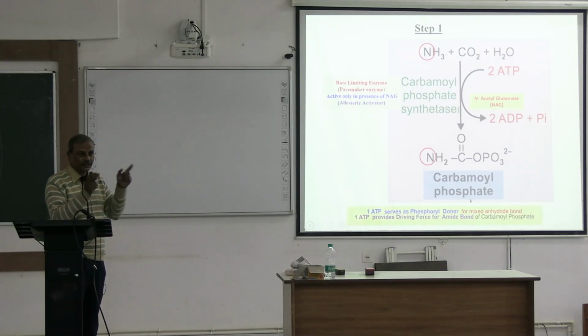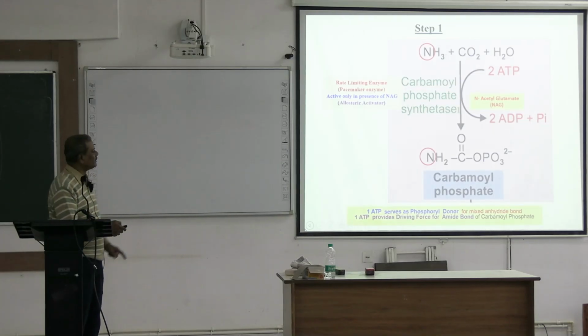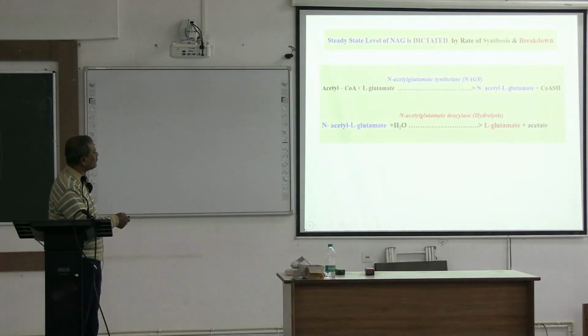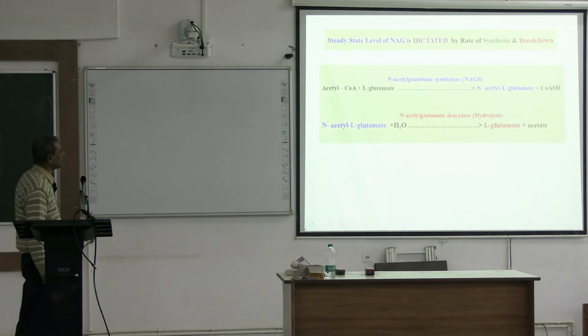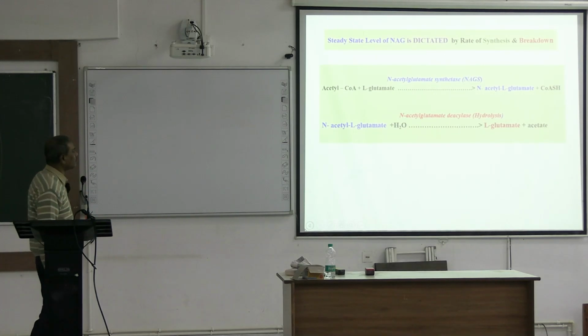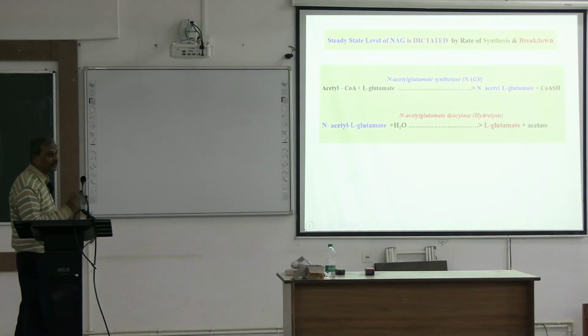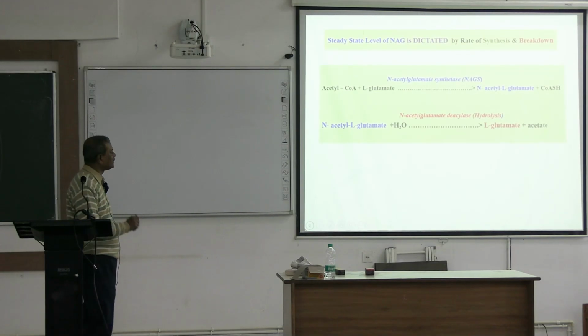That means breakdown and synthesis remain the same as per the need of the cell, because this is an energy consuming procedure. We have to remember this. So, basically steady state, note down, this is perhaps not available in your book. The steady state level is dictated, I repeat, dictated by the rate of synthesis and breakdown.